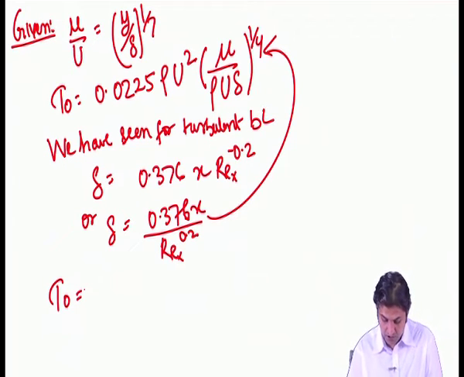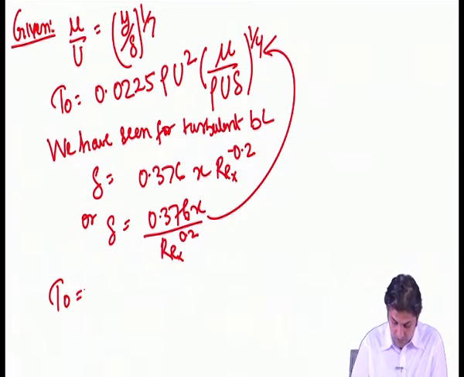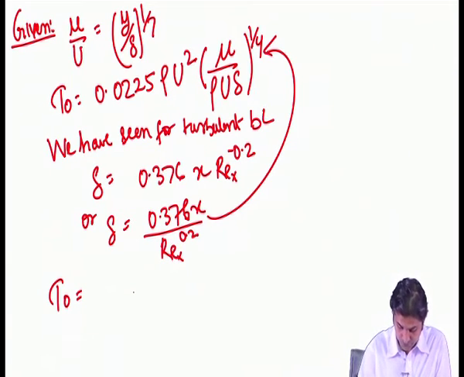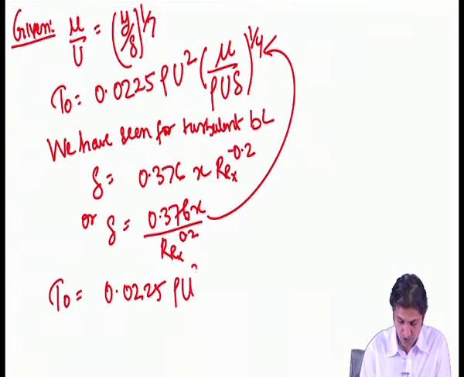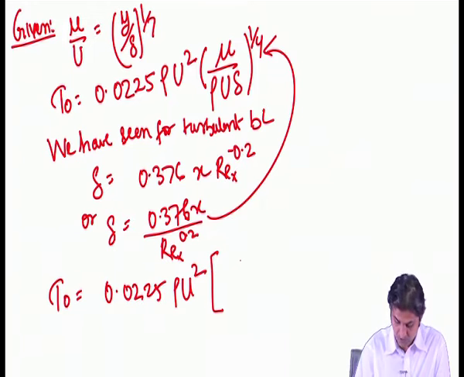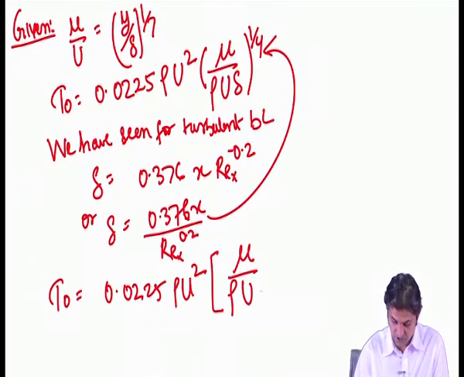so tau naught will be 0.0225 rho capital U square into mu by rho U, and in place of delta we put this, all right.